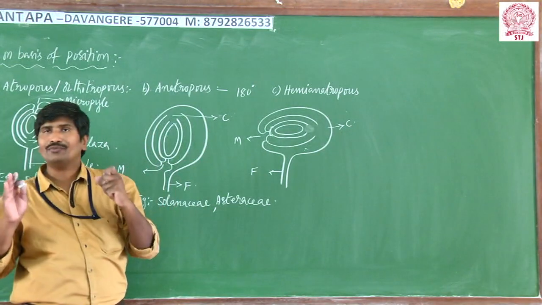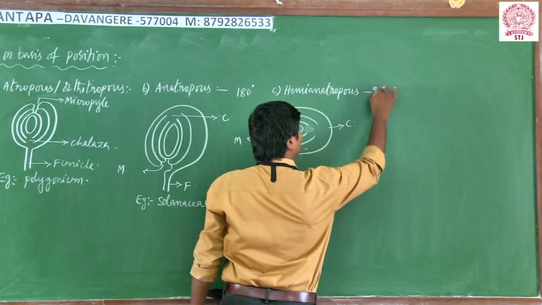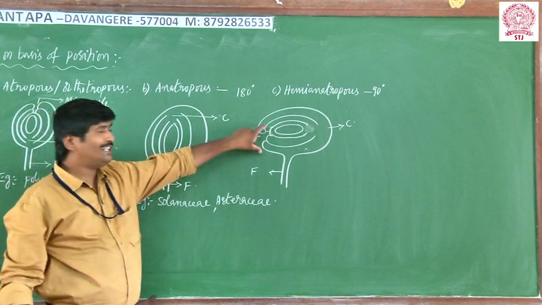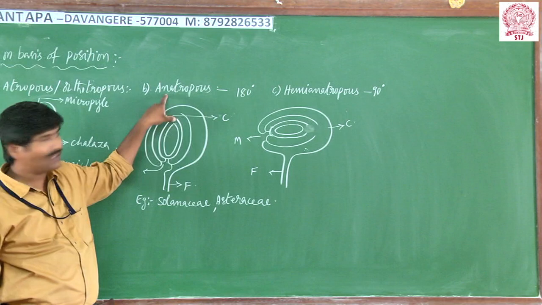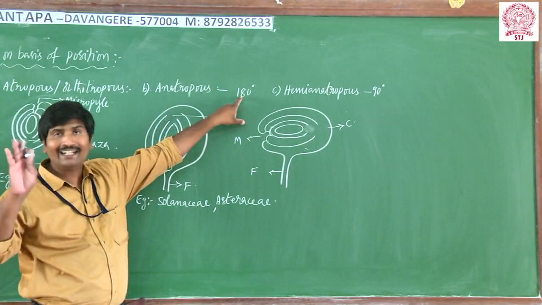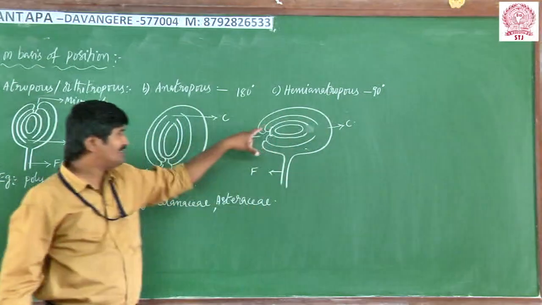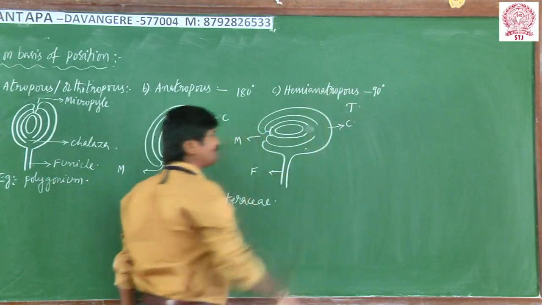Here, the curvature of the body is 90 degrees. What about here? Anatropous has a total of 180 degrees curvature. But here, 90 degrees curvature is there. The ovule structure looks like a T shape.